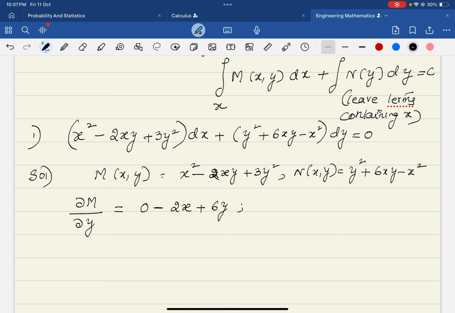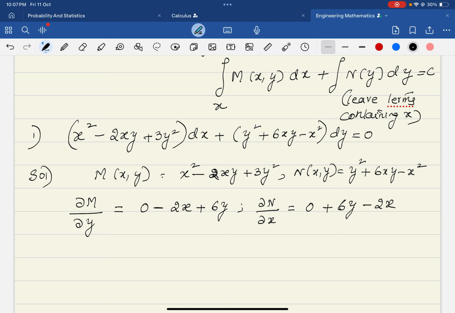Then we differentiate N with respect to x. Here when we differentiate with respect to x, y is a constant. So the derivative of y square becomes 0. So we write 0 plus, here 6 is a constant, y is also a constant, so the derivative of x is 1, minus the derivative of x square, which is minus 2x.